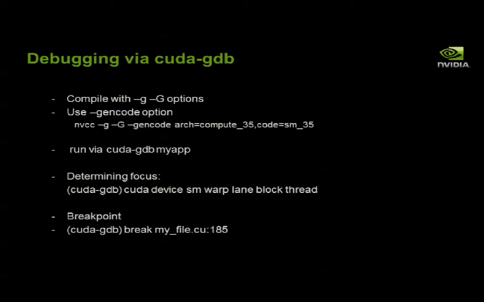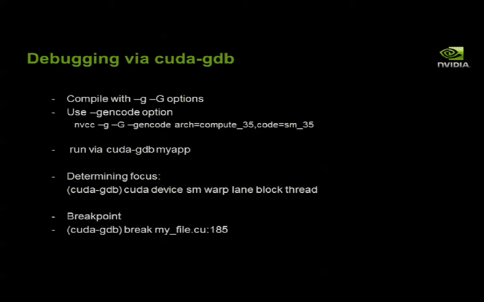And then once you're on the GDB side, there's ways to determine your focus. GDB has this notion of a particular focus. That's one thread that you're attached to. And so there's certain state variables that you can query, like what device your current focus is on, which SM, which warp, which lane, and all the way down to an individual thread.